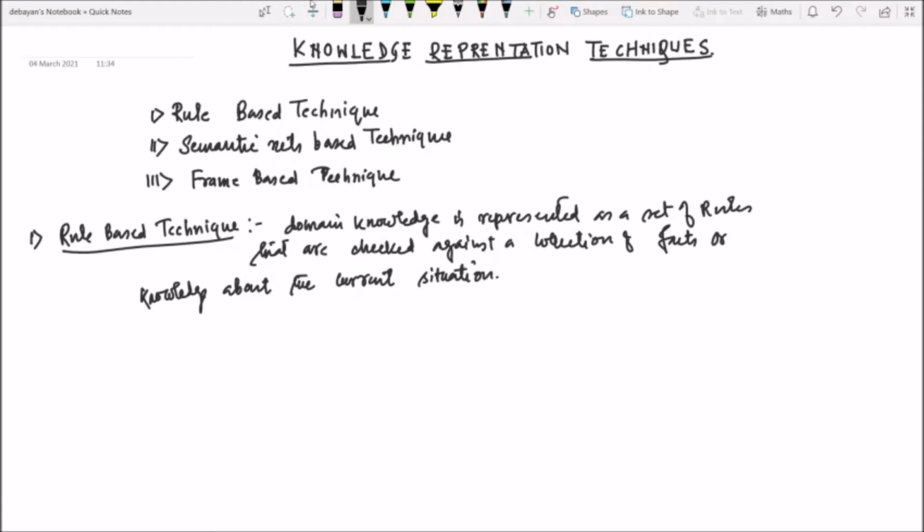So we know that when the if portion of the rule is satisfied by the facts, the action specified in the then portion is executed.